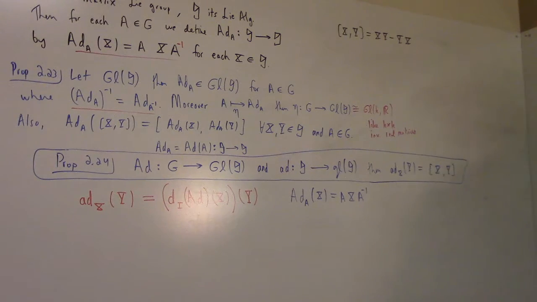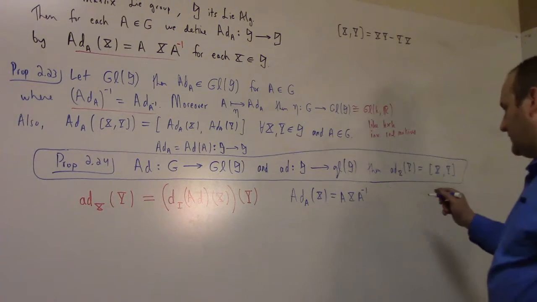I think what he does is he uses e to the tx. He goes back to something we had from the other day, which was that the little ad was the derivative of the big Ad at tx, then set t equal to 0.